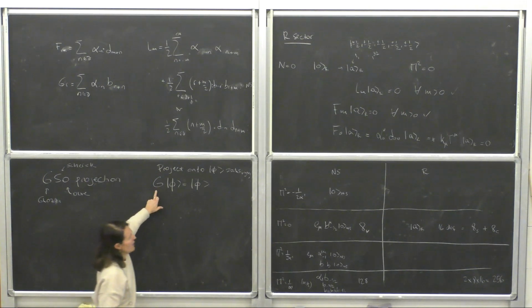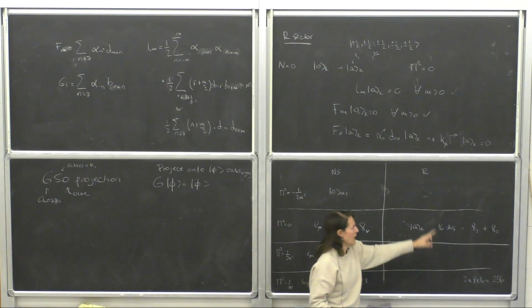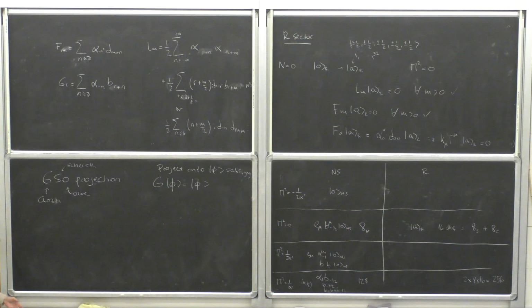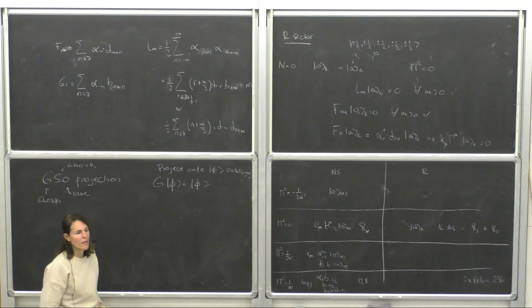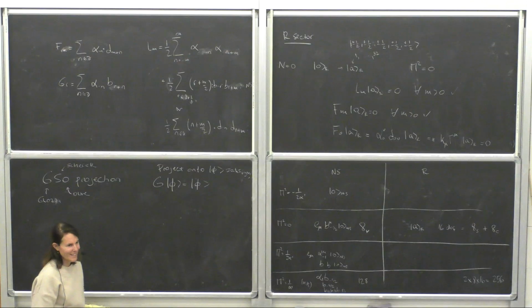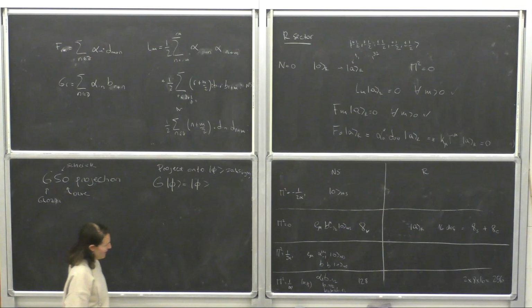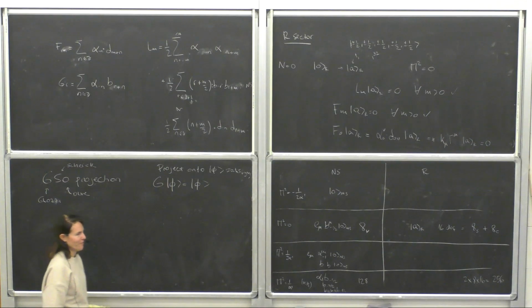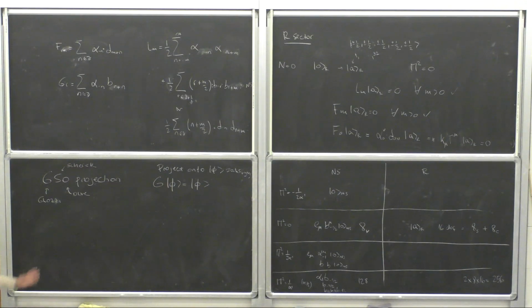In the Ramond sector, G will have a chirality. I'm going to project onto positive chirality, let's say. It's convention. But it's a very good question. In the closed string, that will have a physical meaning. Here it is convention.